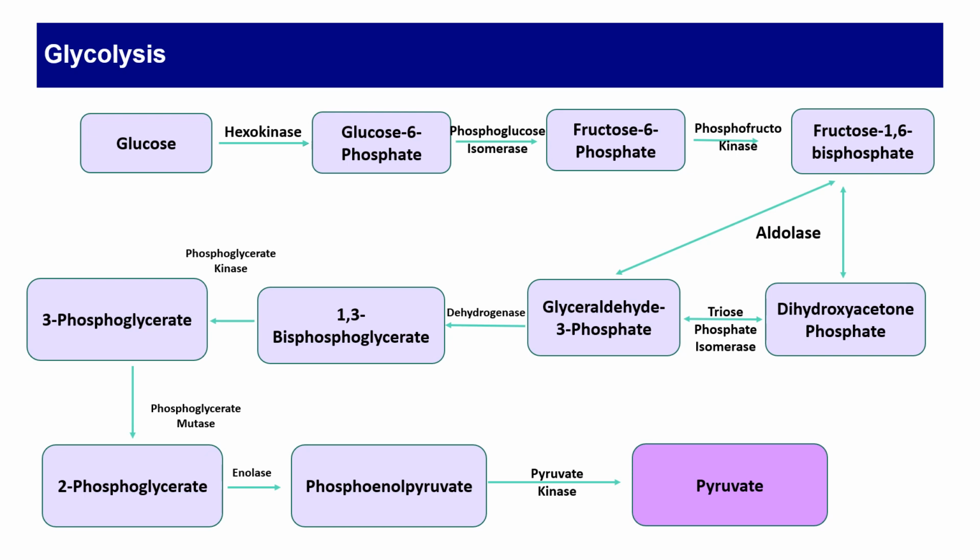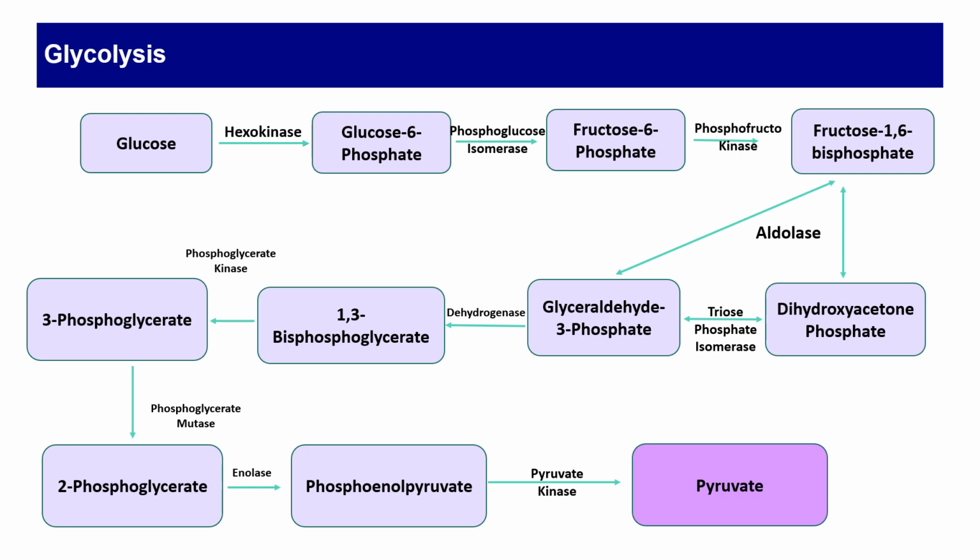Fructose 1,6-bisphosphate is cleaved by the enzyme aldolase into two triose phosphates, that is glyceraldehyde 3-phosphate and dihydroxyacetone phosphate. The two trioses synthesized are interconverted by the enzyme triose phosphate isomerase.